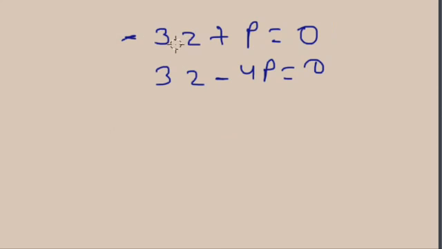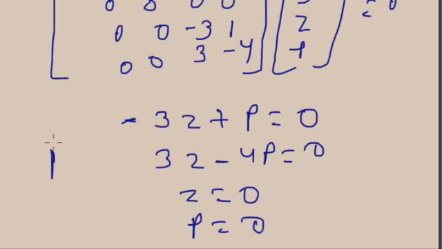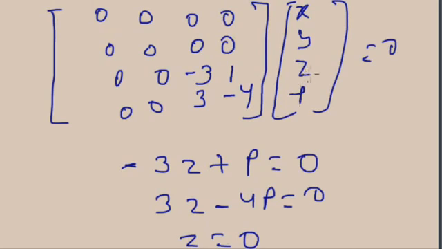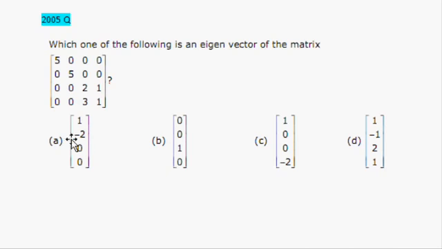So adding these two equations, I will get z equal to 0, and because z is 0, p is also 0. So the last two elements are always 0, and x, y can be anything. Let's check which eigenvector follows this. Last two values are 0 and the upper two can be anything. So A is the correct answer.